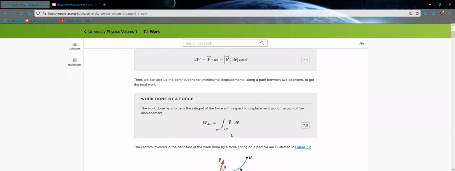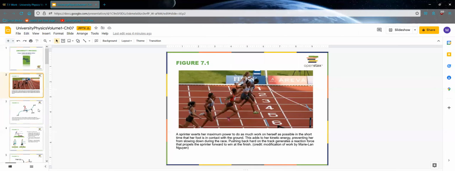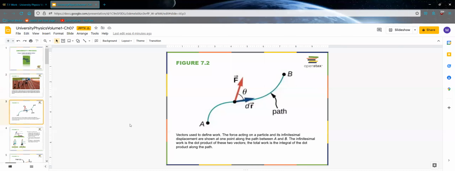Right? So to find the answers to the work, we're going to integrate our force with our distance, essentially, our dr vector. And the path traveled is the a and b of said integral. Here is a description of what I'm talking about here. So we have some force in some direction.